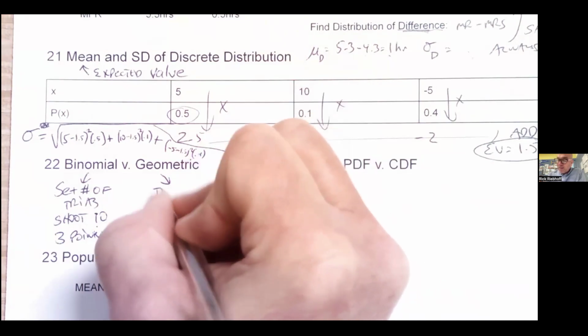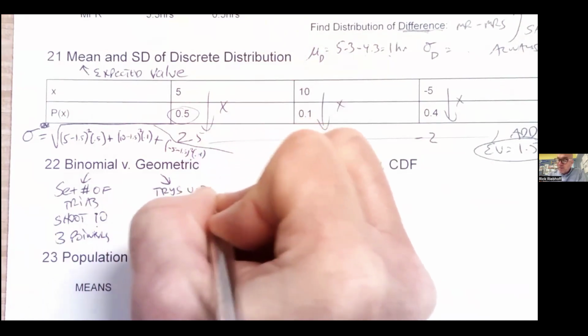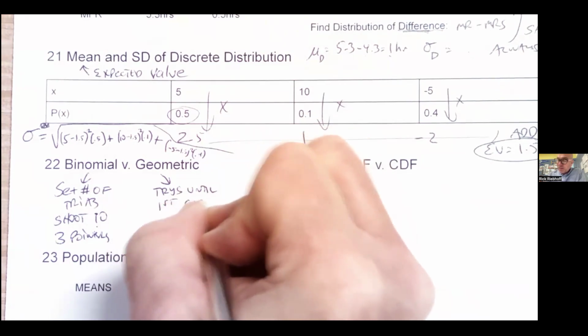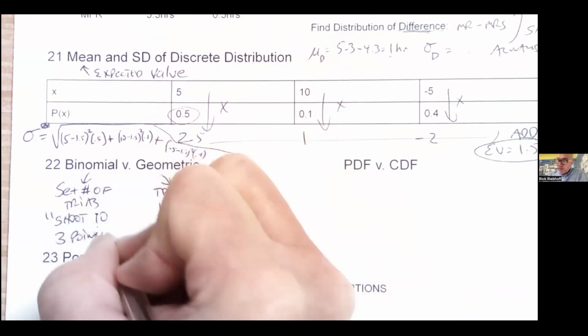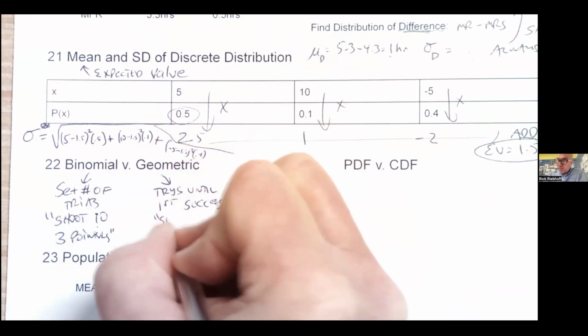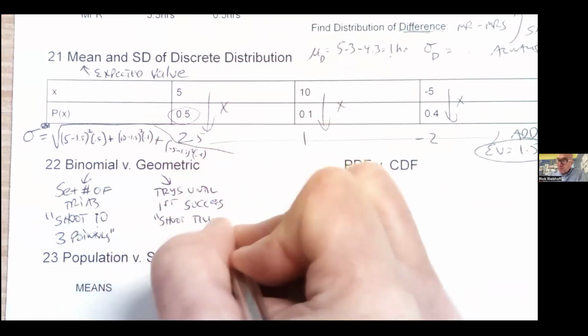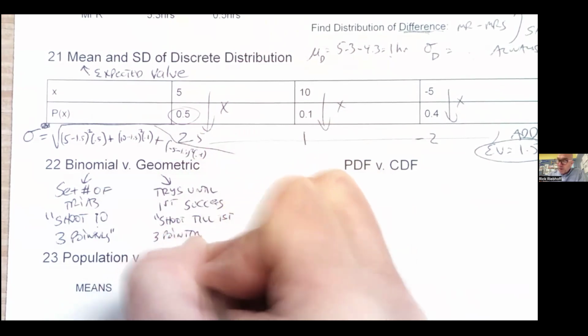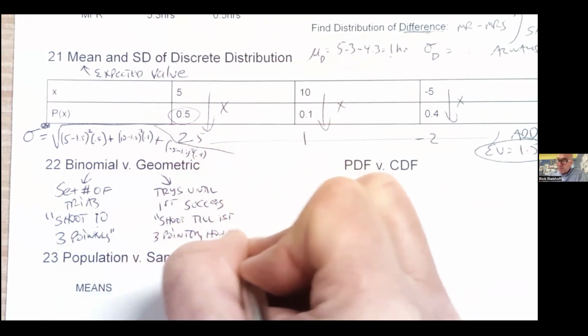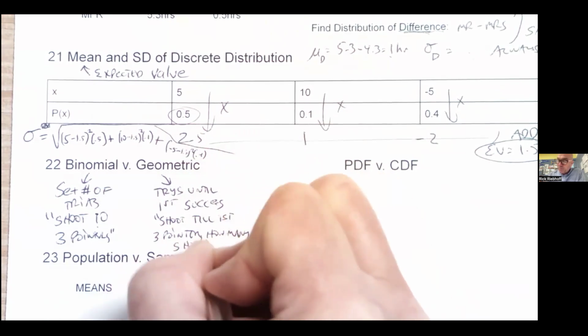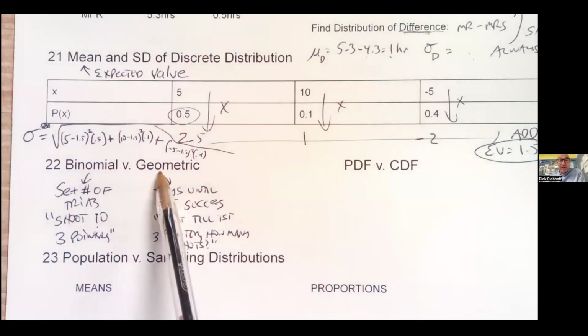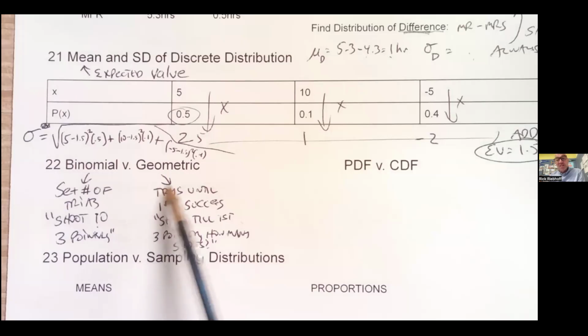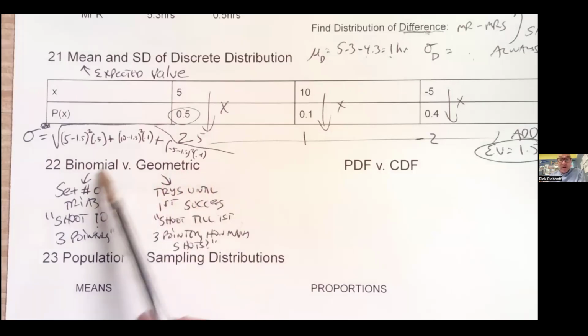Geometric is tries until first success: shoot till the first 3-pointer. How many shots does it take? That is geometric. It could take forever. Yeah, I could get success on the first one. Who knows? Binomial, I am shooting 10 and saying how many I make.